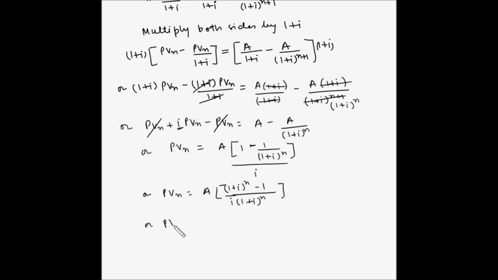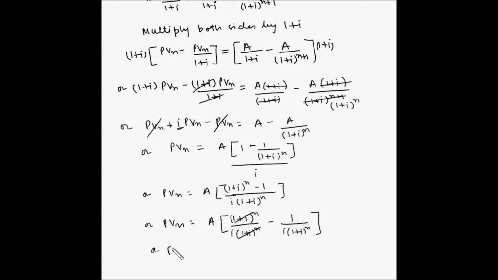Now this can also be written as A into (1 plus I) to the power n divided by I into ((1 plus I) to the power n minus 1) divided by I into (1 plus I) to the power n. So this gets cancelled.